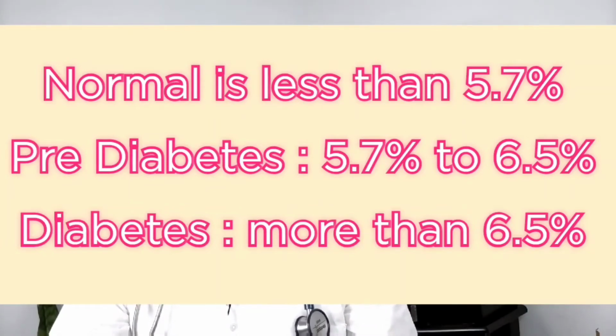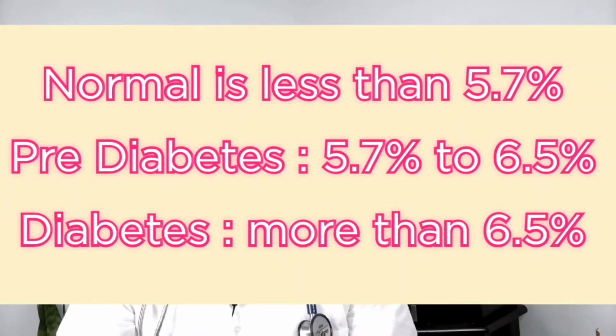Now let us know what are the ranges of HbA1C. If HbA1C is less than 5.7%, we say it is within the normal range. If HbA1C values are more than 5.7% till 6.5%, we say it is in the pre-diabetic range, or we say that you are prone to diabetes, so better you take care.